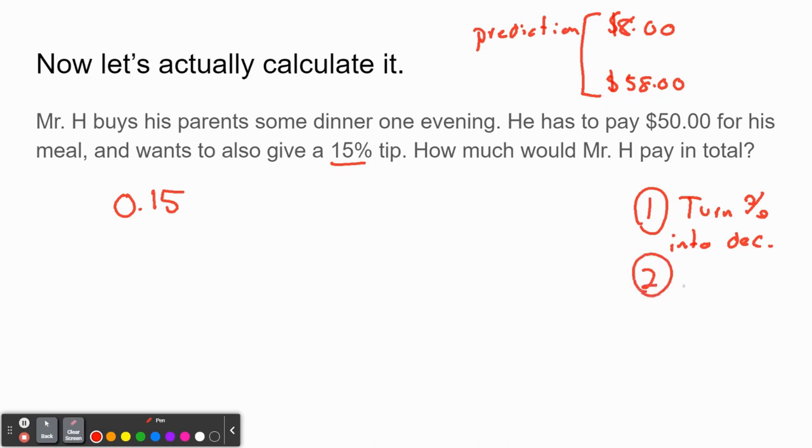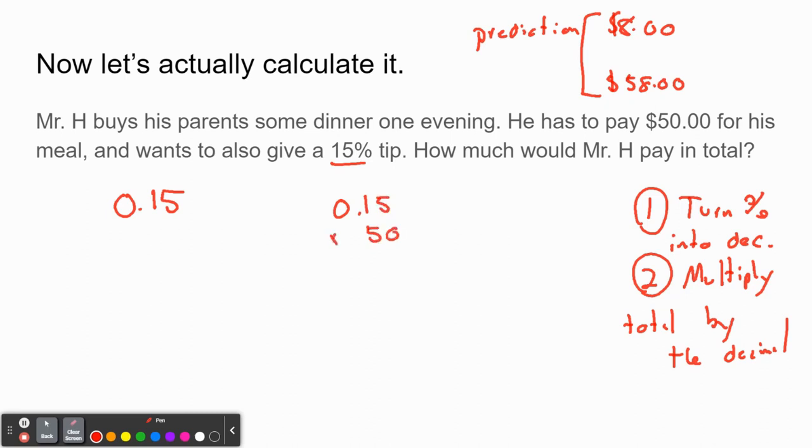Step 2 is multiply the total by the decimal. So, we have 0.15. We're going to multiply that by 50, because we had started with $50. 0 times 5 is 0, 0 times 1 is 0, 0 times 0 is still 0. We add a 0. 5 times 5, that's a little bit more interesting.